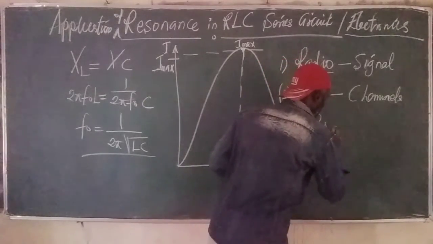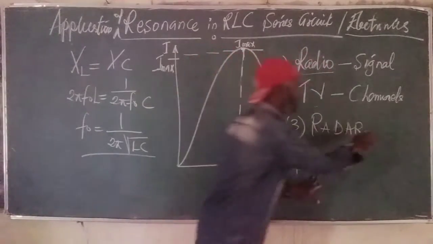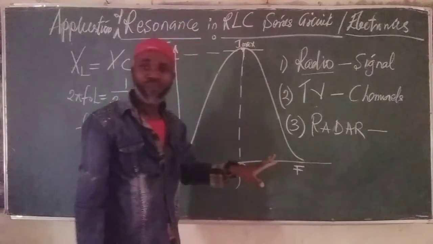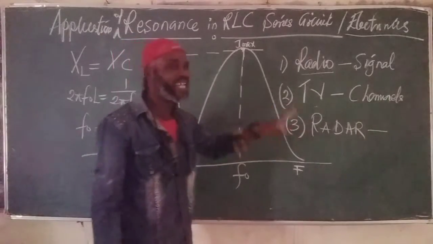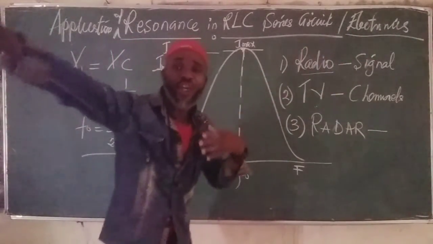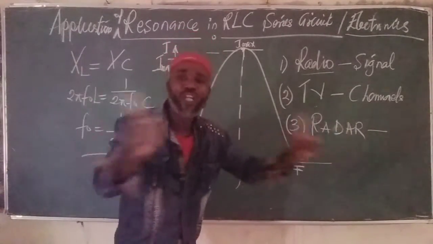Radar, R-A-D-A-R. Of course, we use this in airports. At our various airports, you have radar. It is a gadget that gets communication signals from distant objects, the incoming airplane and the outgoing airplane, to avoid collision.